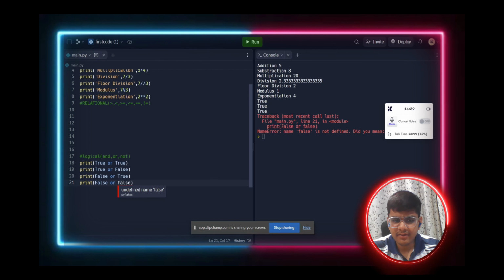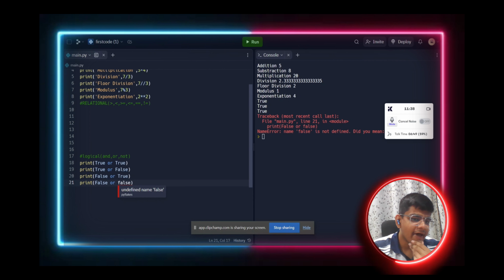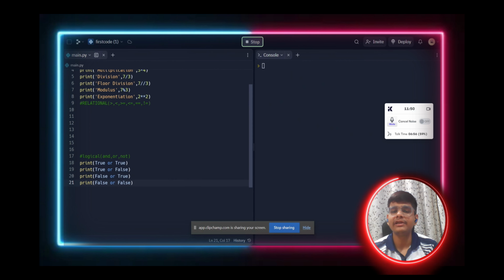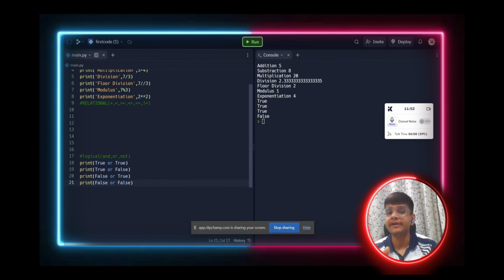Yeah, but see, now why has the error arrived? I told you in the previous session, when I discussed data types, that for Boolean data types, if you write the first letter of False as F and the first letter of True as T in capital letters, only then it is considered as False and True, a Boolean.